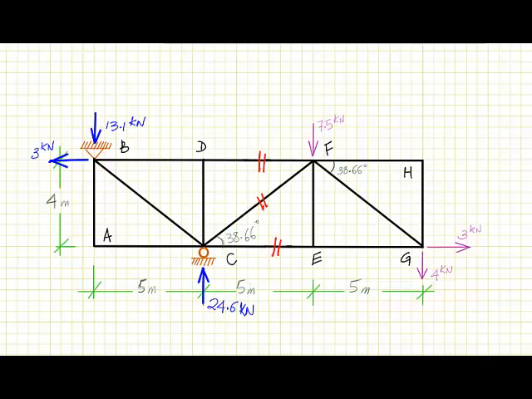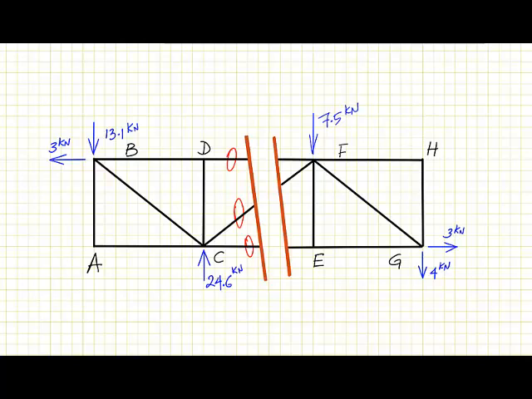So let's move on to the sketch in which we broke the structure into two parts. And now it is time for us to choose which part to work with, because working with each of them will give you the same results, but you always choose the part that has less number of forces, because it's less amount of work.